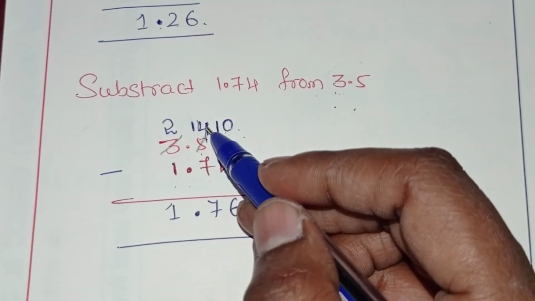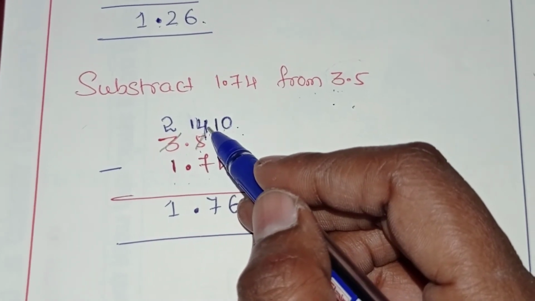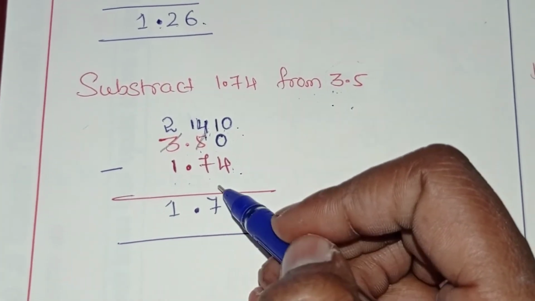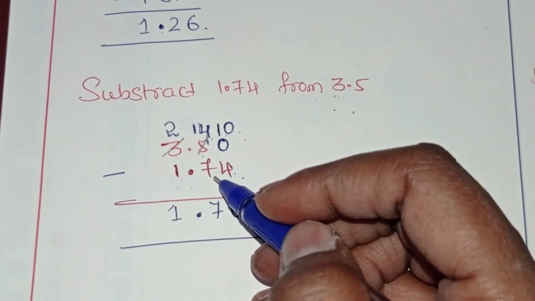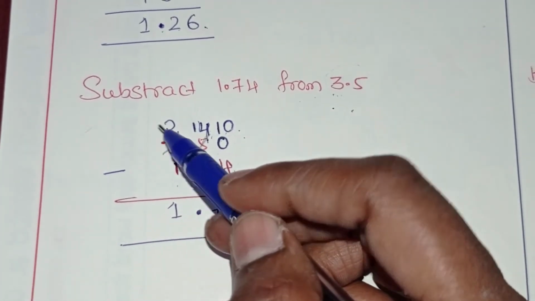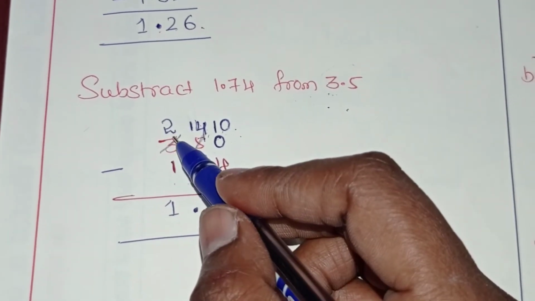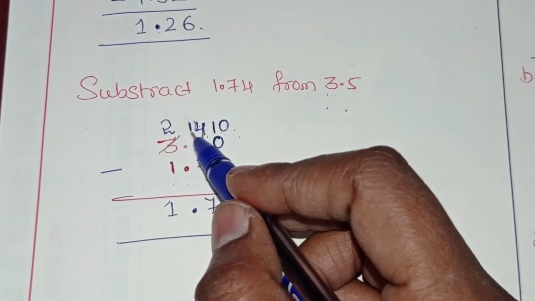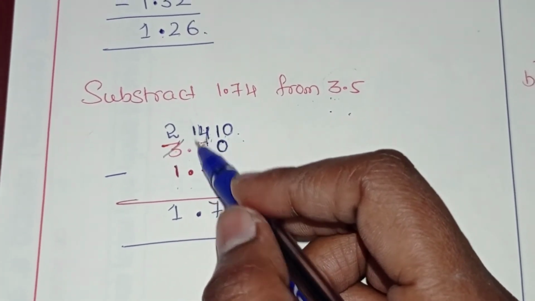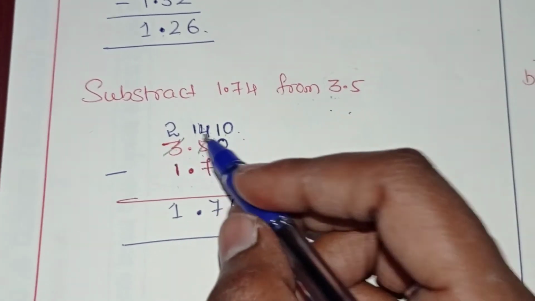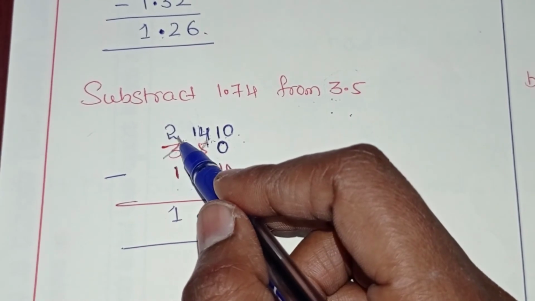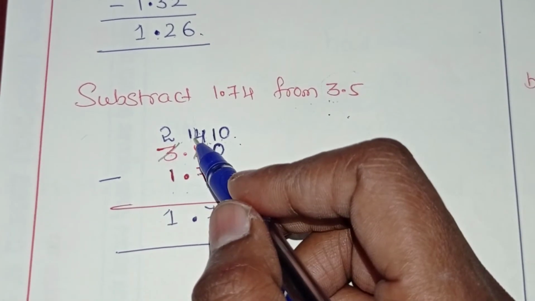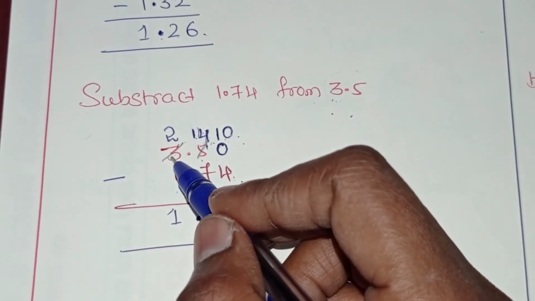Okay, 4 minus 7. Children, can we subtract 7 from 4? No, right? That's why I borrow 1 from 3. If I borrow 1, this number will become 14, right? So here I struck it out and wrote 2 because I borrowed 1 from this number, right?